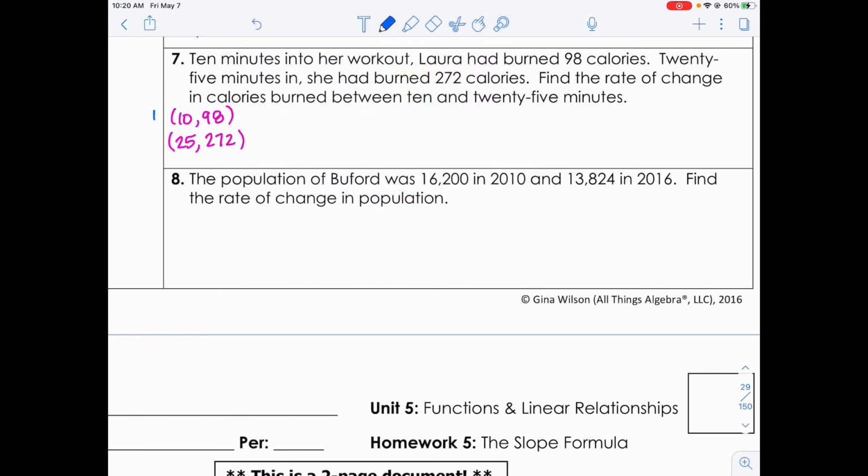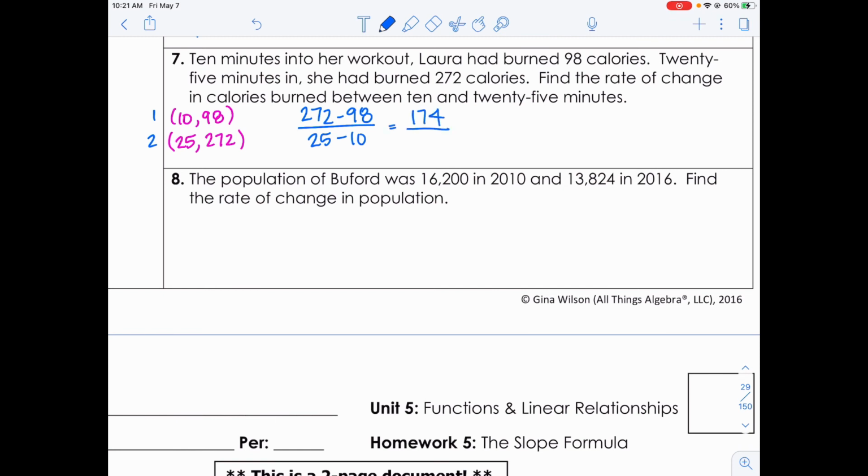We're going to call this our 1 and our 2 for our formula. So we're going to do y2 minus y1, 272 minus 98 over 25 minus 10. 272 minus 98 is 174.